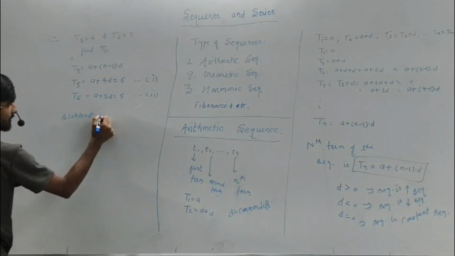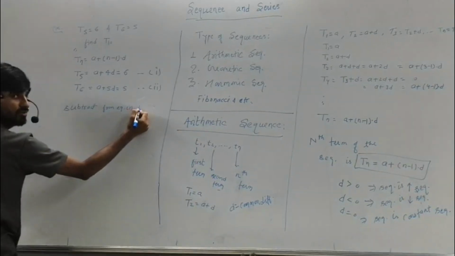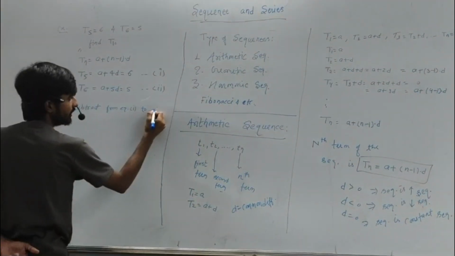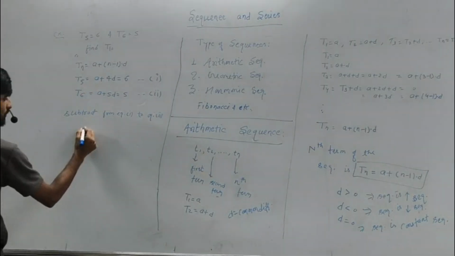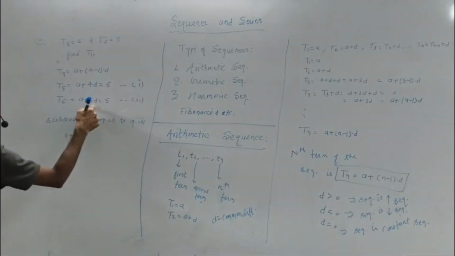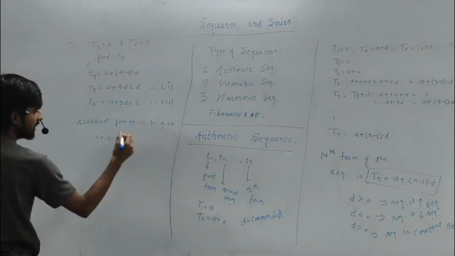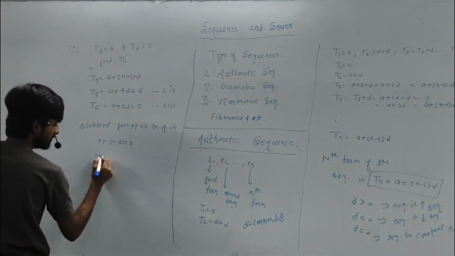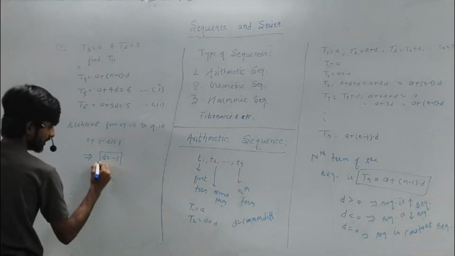If we subtract equation second from equation first, A minus A is 0, 4D minus 5D is minus D, and 6 minus 5 is equal to 1. That is, we are getting D is equal to minus 1.